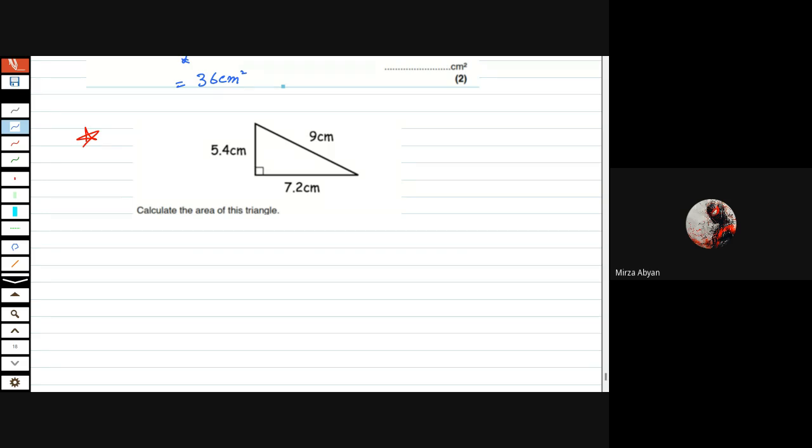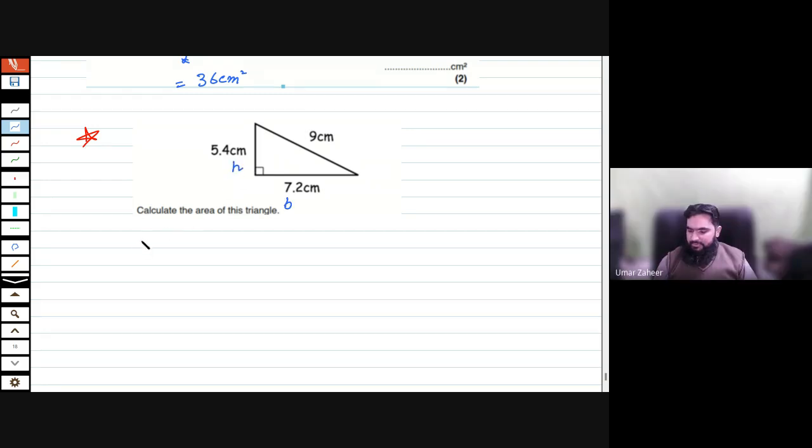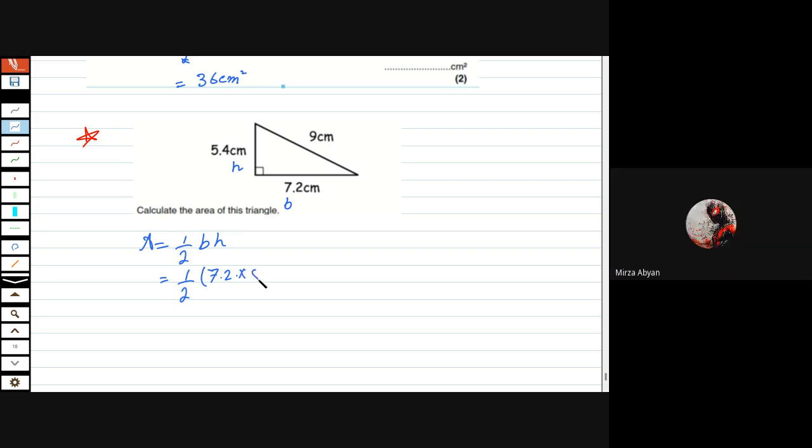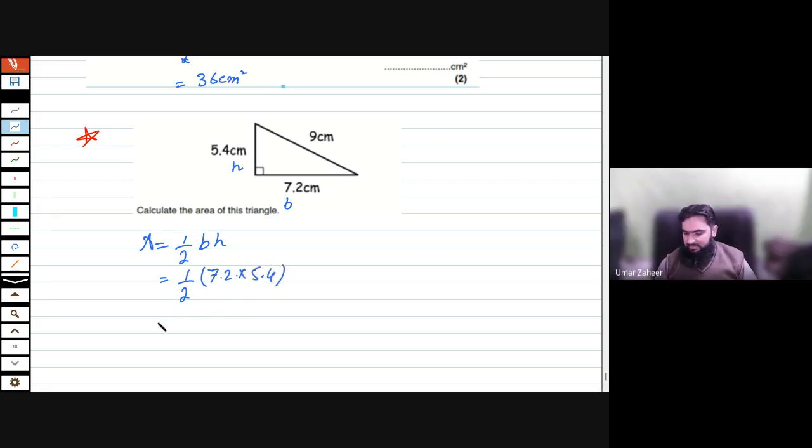The base is 7.2 and the height is 5.4. So the area is equal to 1 by 2 base into height, so 1 by 2, base 7.2 and height 5.4. Please find the area.